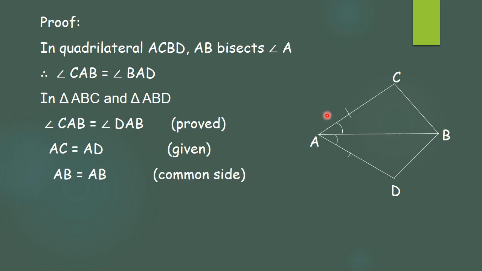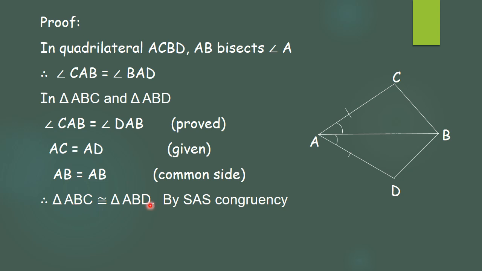Now we have proved this side, this angle and this side. So that is S, and the angle is included. So that is SAS congruency. And so we can say that these two triangles are congruent by SAS congruency. Now, as the triangles are congruent, we know that whenever triangles are congruent, all their parts are equal.